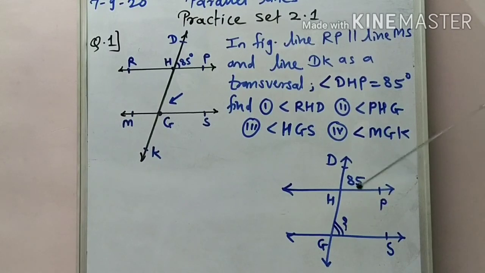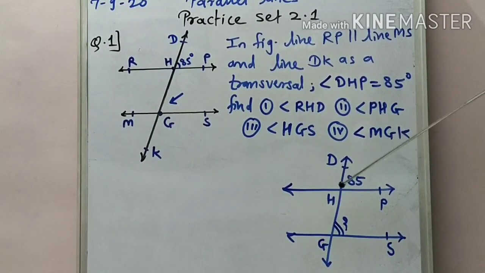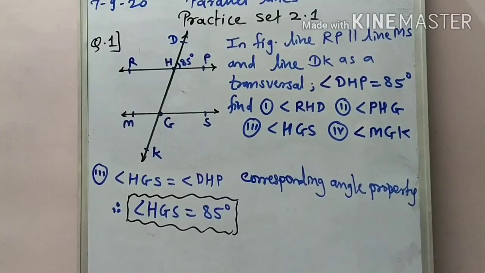Yes, and if the lines are parallel, the pair of corresponding angles are also congruent, meaning equal in measure. So we find angle HGS is equal to angle DHP. These are corresponding angles, and the measure of angle DHP is given as 85 degrees, so angle HGS is also 85 degrees.